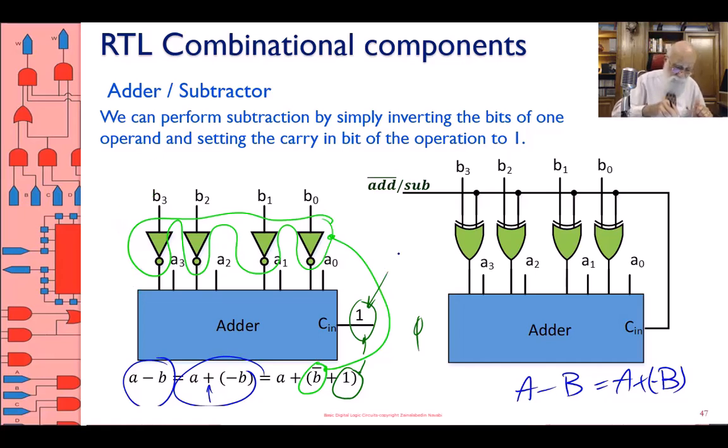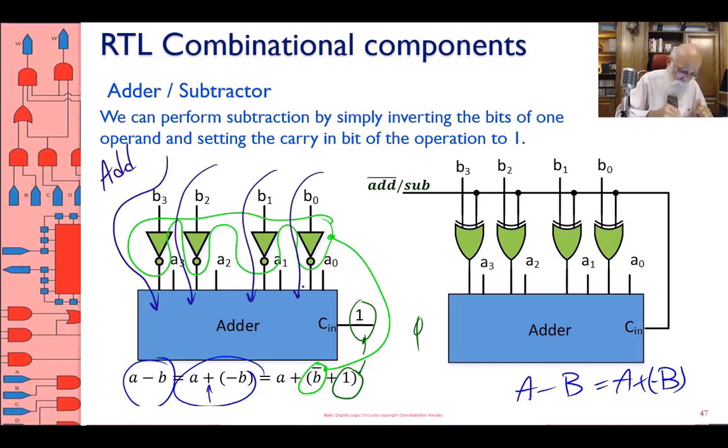So let's do this. If I want to add, I'm going to be using this color. I want the b's to go through and put a 0 here. Okay, that's for add.